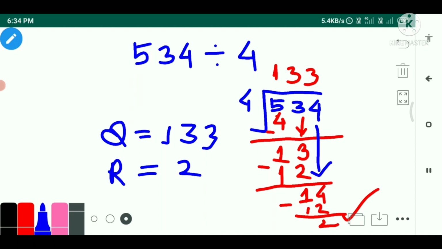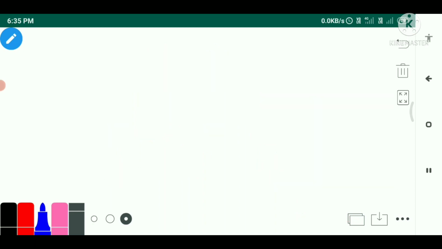This is how we have to divide any 3-digit number without regrouping. So we'll start dividing any number from the 100 place value. Now we'll discuss how we can divide any 3-digit number with regrouping. So suppose we have to divide 132 by 2.